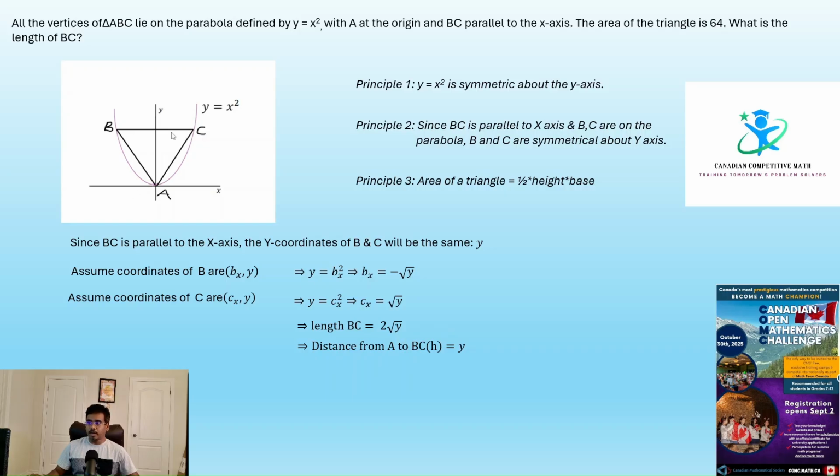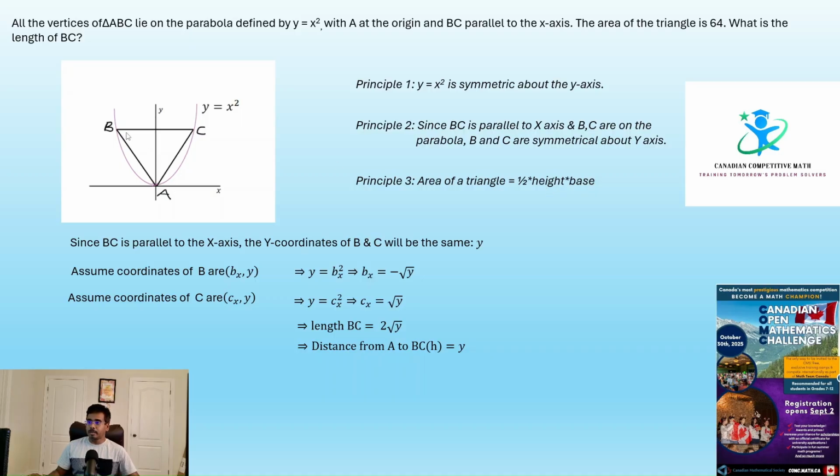We also know that BC is parallel to the x-axis. So to obtain the area of the triangle, we need height and base. We obtained the base here. Base is 2 times root of y. So we need to obtain the height.